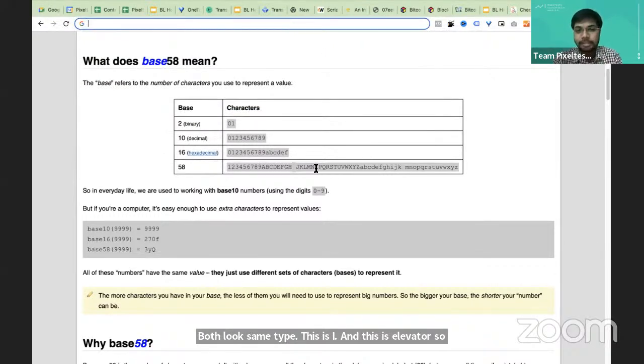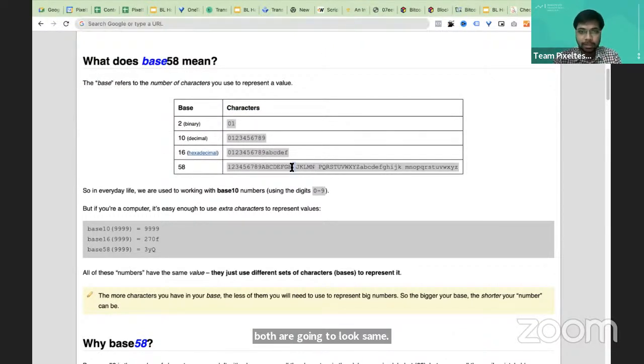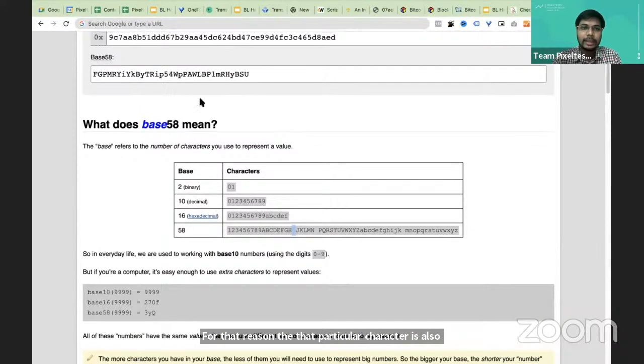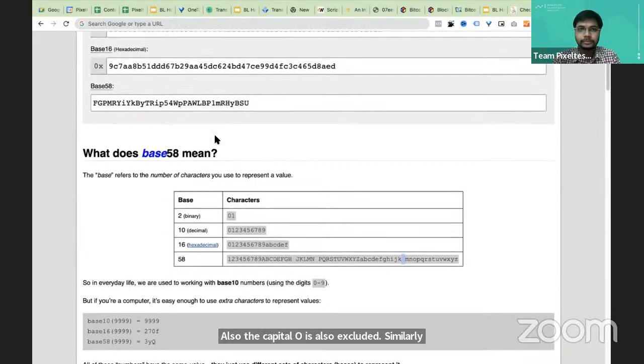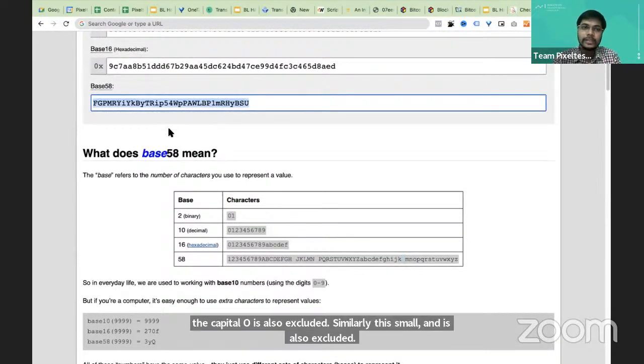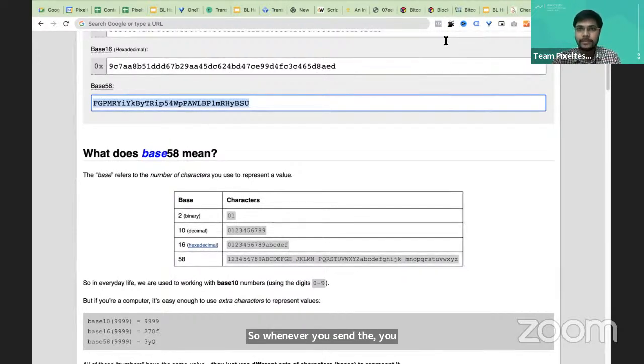For that reason, that character is also not used in base 58, which means whenever you get a wallet address, you will not have 0 and capital I and the other characters also. The capital O is also excluded. Similarly, the small l is also excluded. So whenever you send, the chance for confusion is very less, right?